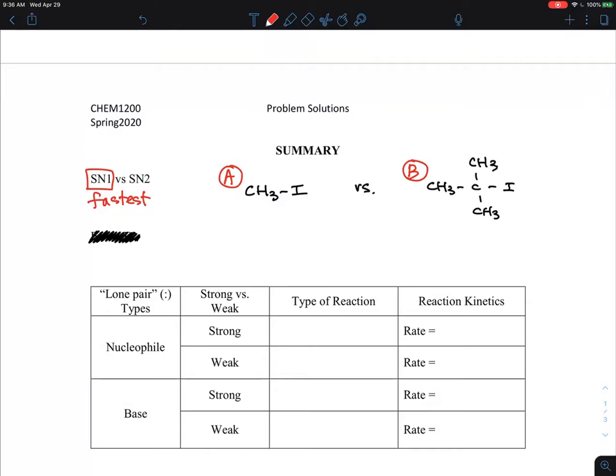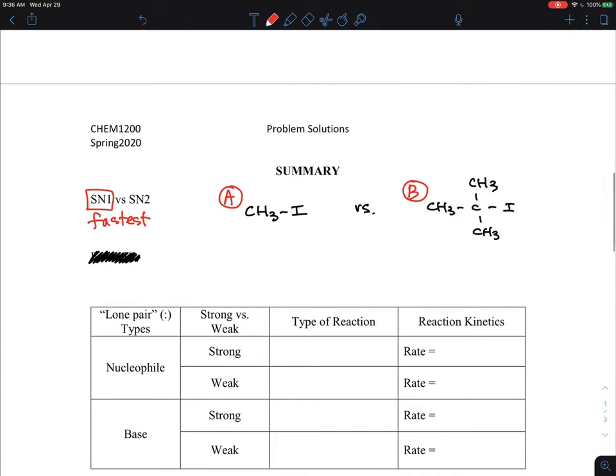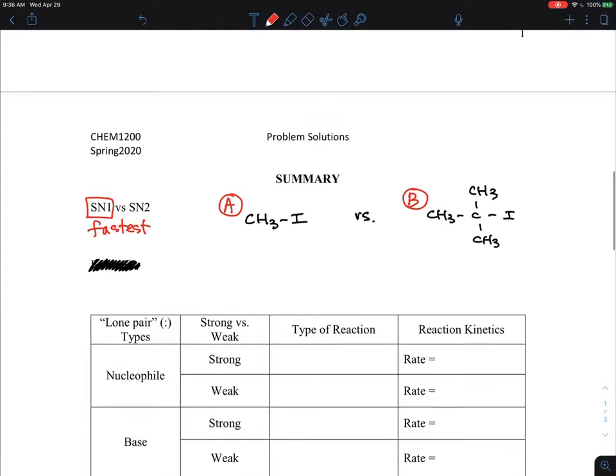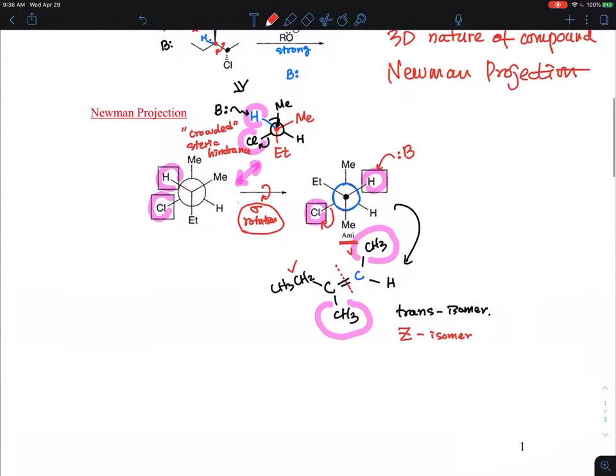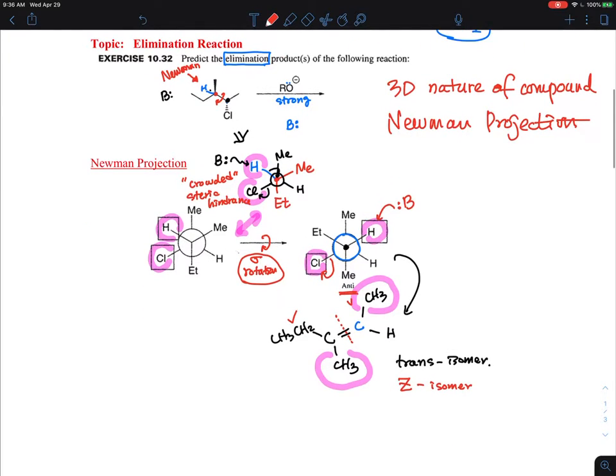Oh, okay. And what are the other products? ROH and Cl minus. Oh, okay. There's a student who asked a question. Yep. So let me go back. But if you can think about which one will be the fastest, you can post your answers in the chat box. That would be great. I will finish up the rest of the question, because this is the major product. And then what are the other products that you will see?